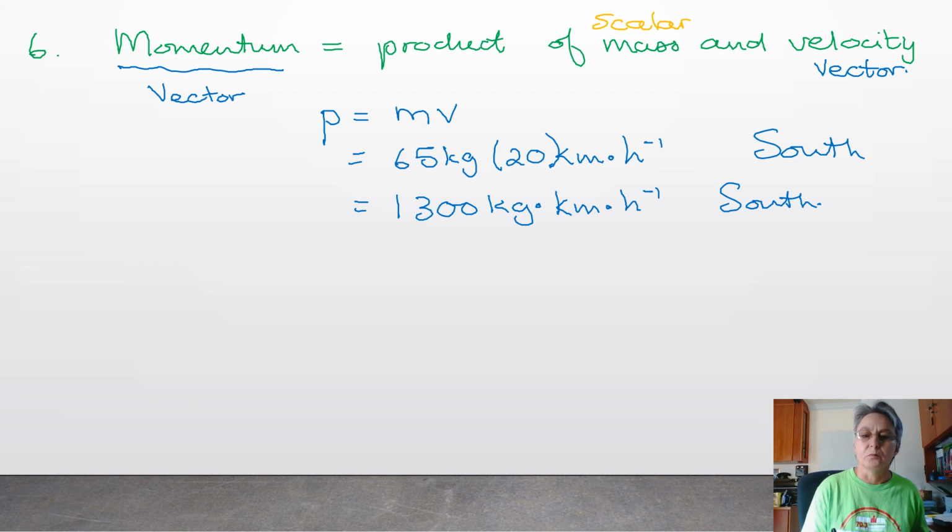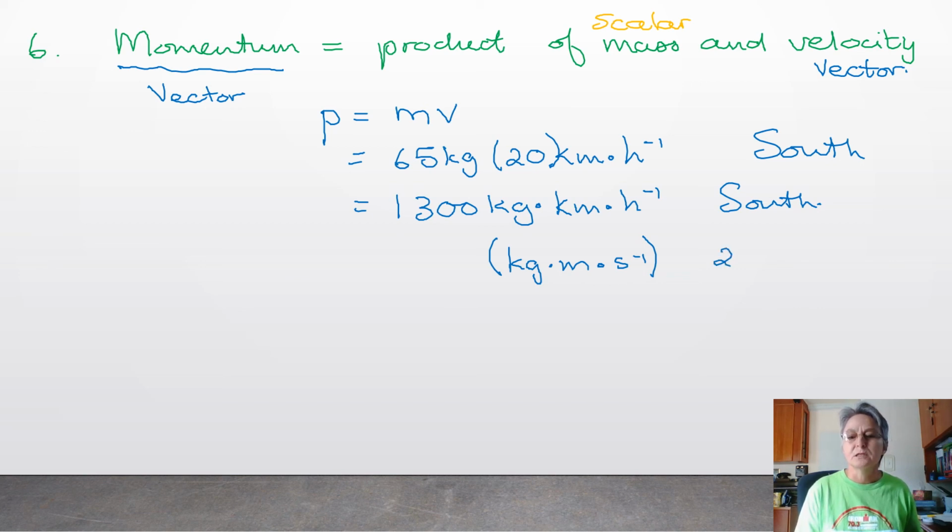Now, your book, because we usually use meters per second, will have momentum in SI units, kg meters per second. So let's change 20 kilometers per hour to meters per second. 20 kilometers is 20,000 meters.